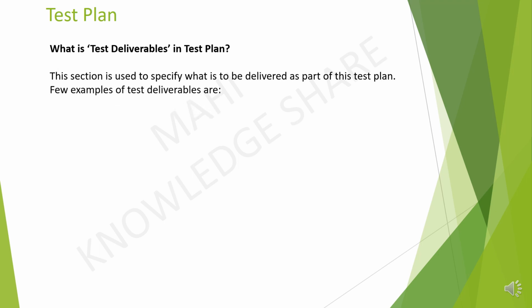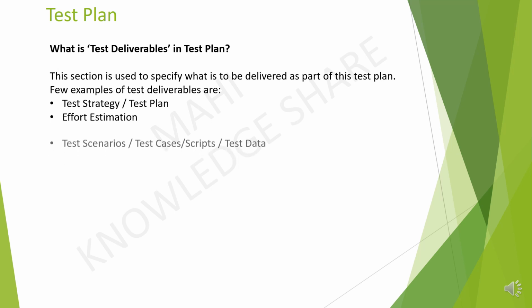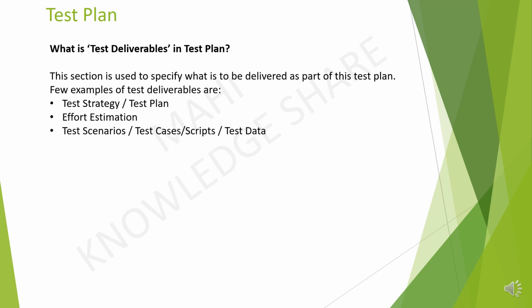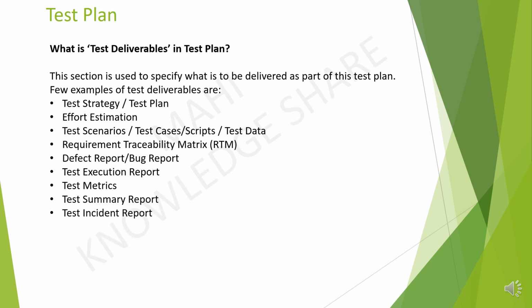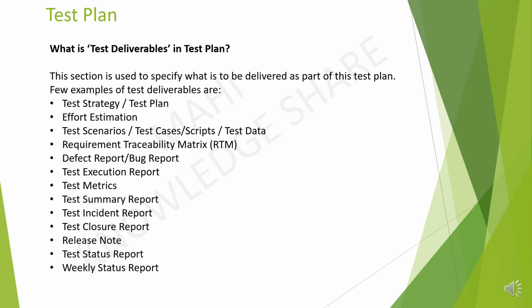Few examples of test deliverables are test strategy and test plan, effort estimation document, test scenarios, test cases and test data, requirement traceability metrics document, defect report, test execution report, test metrics, test summary report, test incident report, test closure report, release note, test status report and weekly status report.